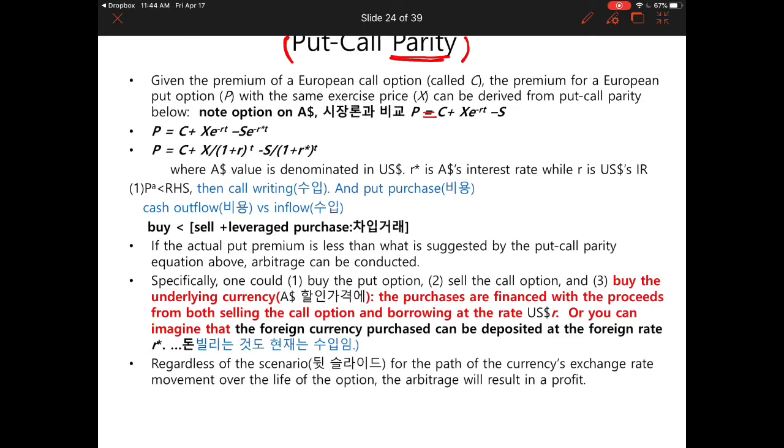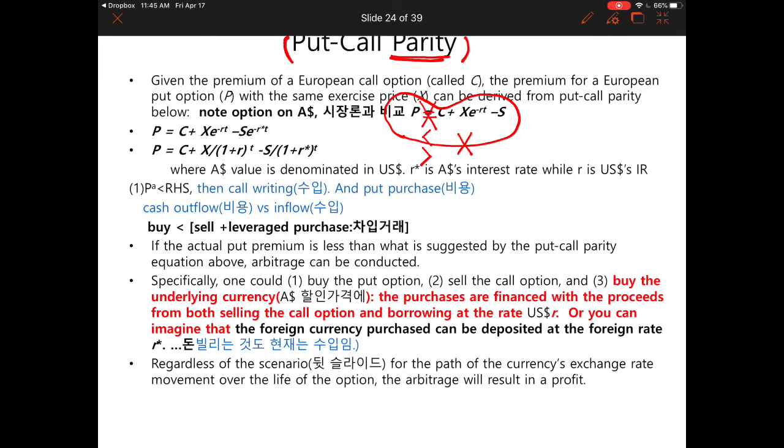The way I show it is by the method of contradiction. Contradiction means, let's suppose this equation is broken. If this equation is broken, we think about inequality, either this way or that way, right? So first, I will show this broken case, where P is lower than the right-hand side. If I show you that a problematic situation happens, then it cannot be sustained.